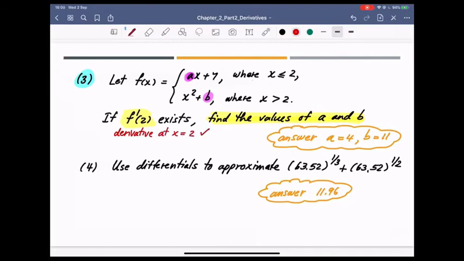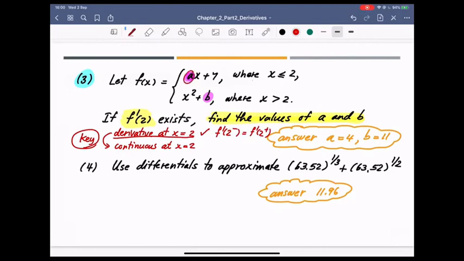well, if you know that the function is differentiable, that means the function must be continuous at x equal to 2 as well. This is the key point, because most students are gonna know that, yes, the function is differentiable at x equal to 2. So that means f prime 2 minus is equal to f prime 2 plus. When you set up this equation, you're gonna get only one equation.